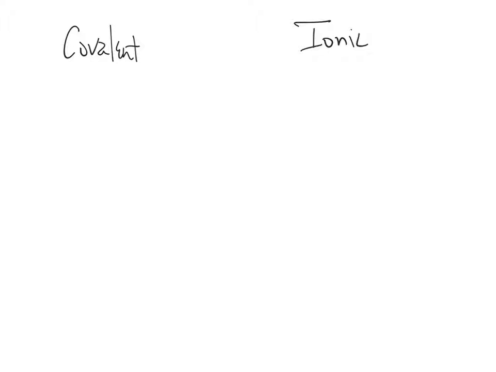They do not share electrons. In the sense that one of the elements has become an ion by taking the electrons from another of the elements. So these do not share electrons in their bond. One literally takes it from the other.